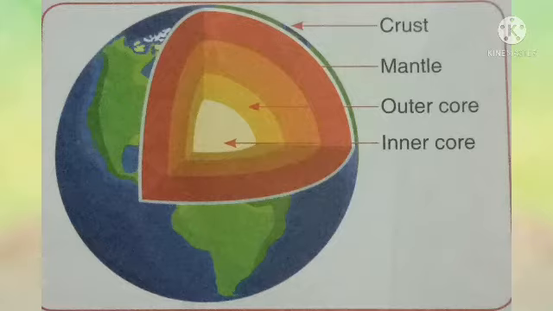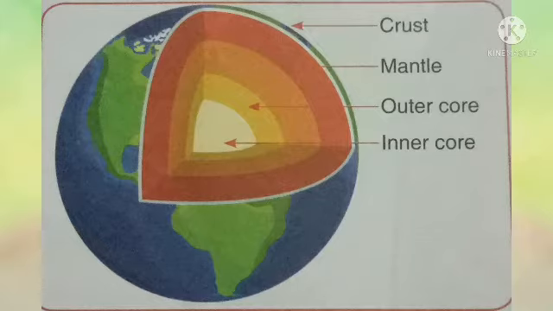The outermost layer of the earth is the crust. It has mountains, plains, rivers and oceans. What we see as soil and mountains is only the surface of the earth, also called the crust.